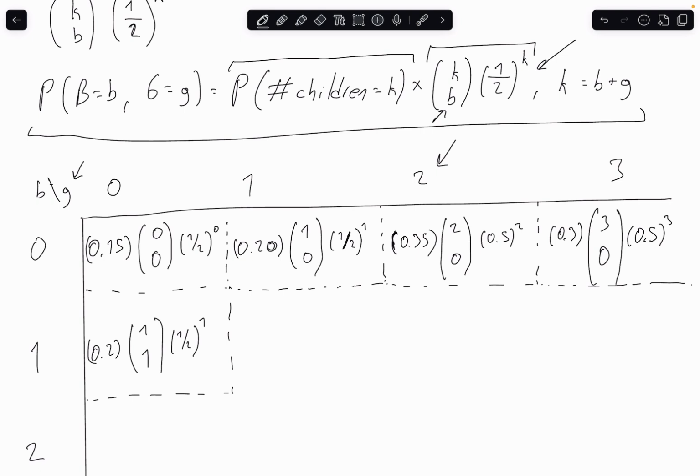Probability of having 2 children is 0.35, sorry. We are going to choose one of them as a boy and multiply with this probability. Actually, this is 1 for boy and 1 for girl. Same thing.